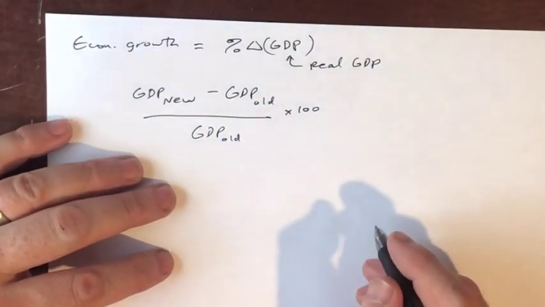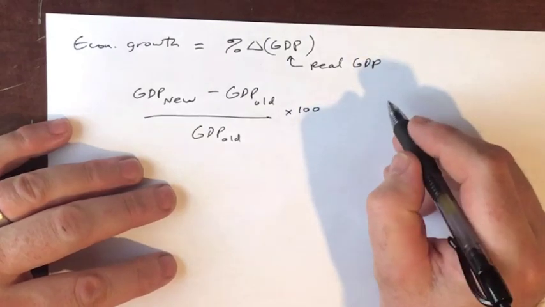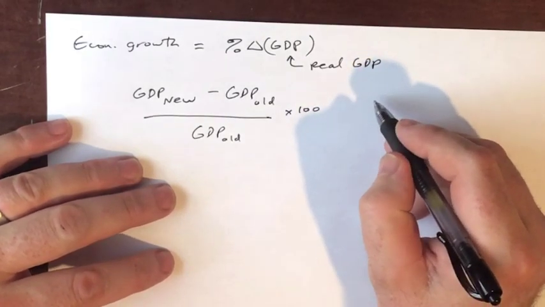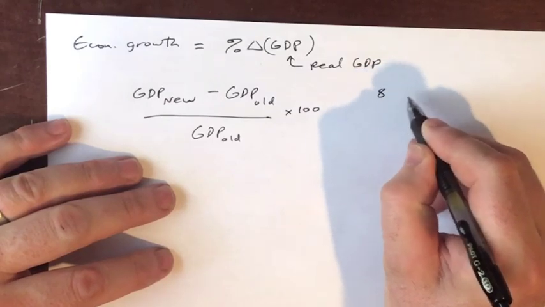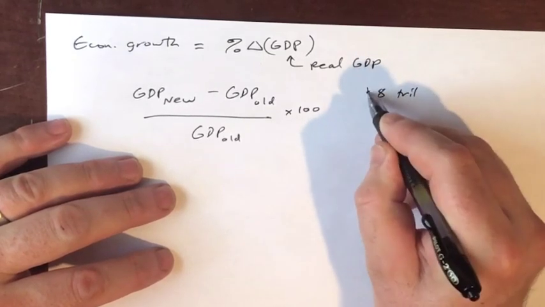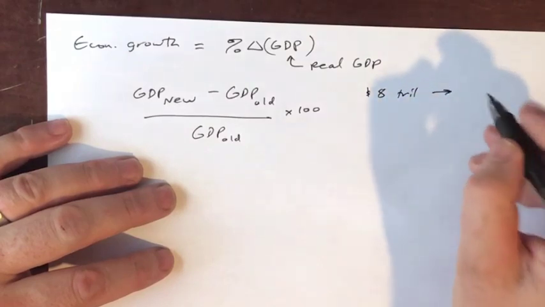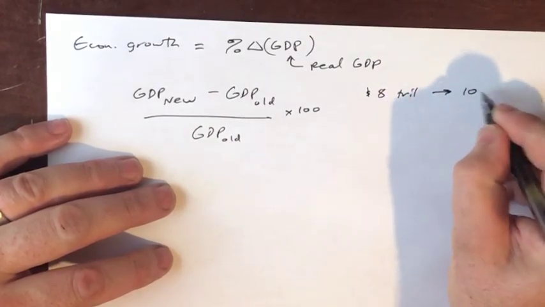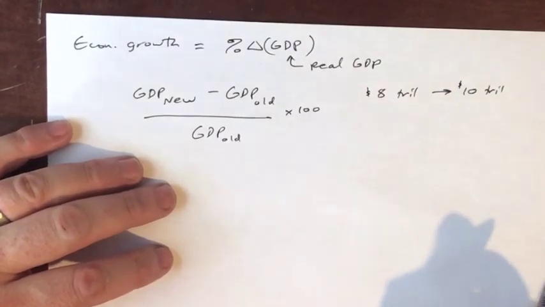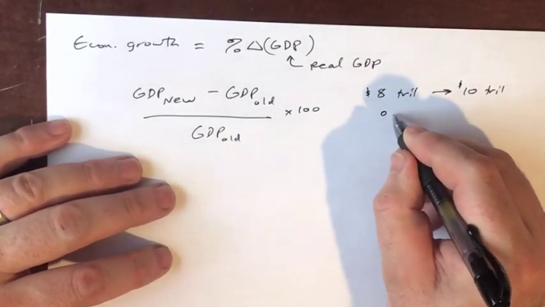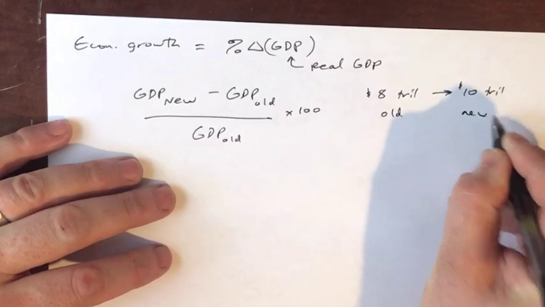All right, let's do an example of this. Let's say that GDP goes from 8 trillion to 10 trillion. Kind of an easy example. This is the old, and this is the new.